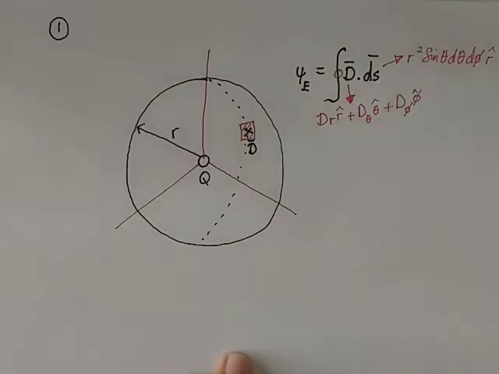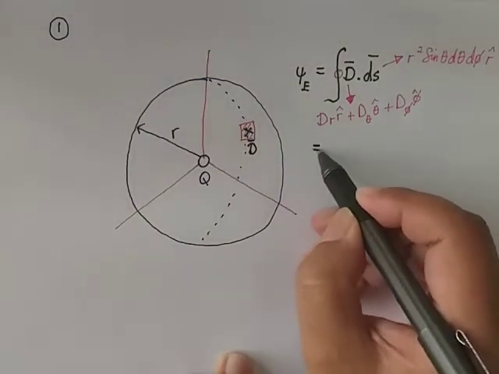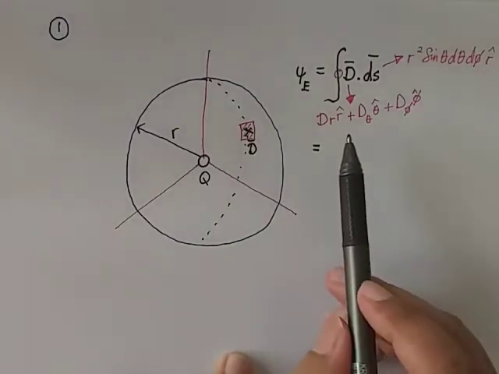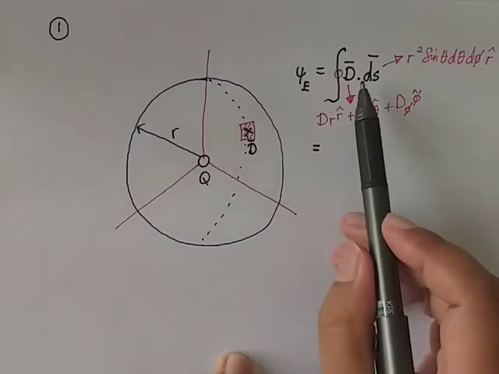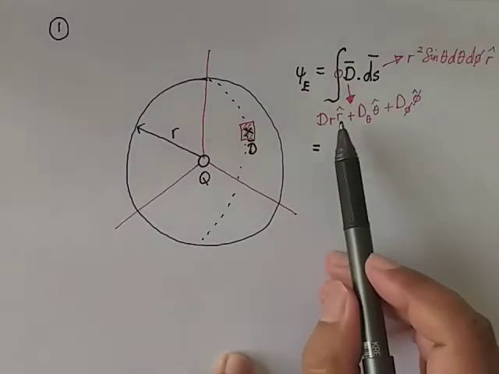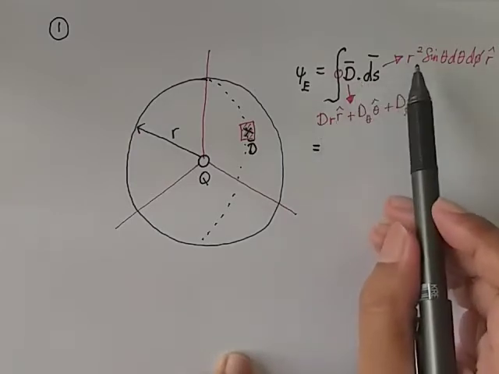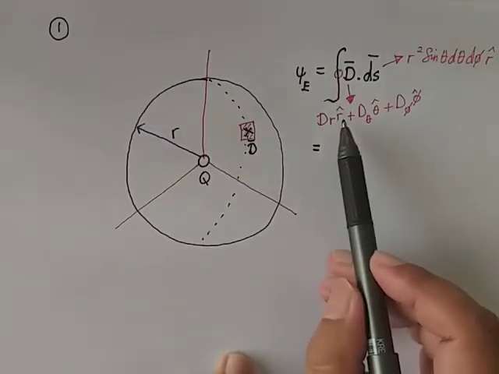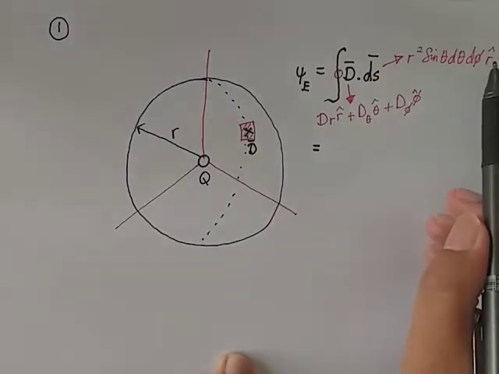Okay, let's continue. So the mathematics now, I'm going to use the multiplication now. So dot product is what we refer to now. So I can see now dR in R component dot with r squared sine theta d theta d phi in the r component. So I can see the r unit vector dot with the r unit vector ends with 1.